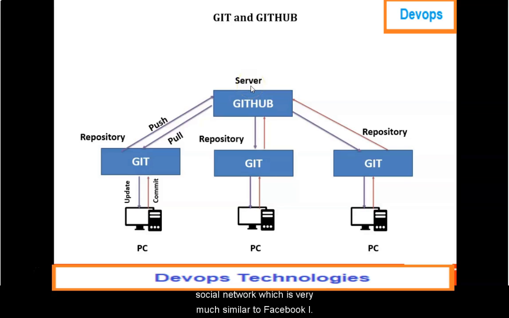The only difference is that this is a social network for developers, wherein on Facebook you are sharing all your photos and videos or any kind of statuses. But what developers do in GitHub is that they share their code for everyone to see their project, see their code and how they worked on it. So it is very useful.